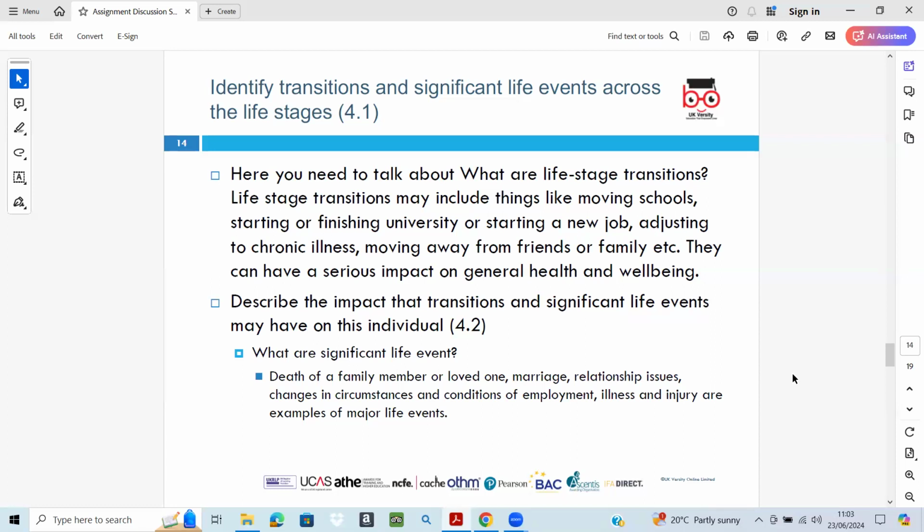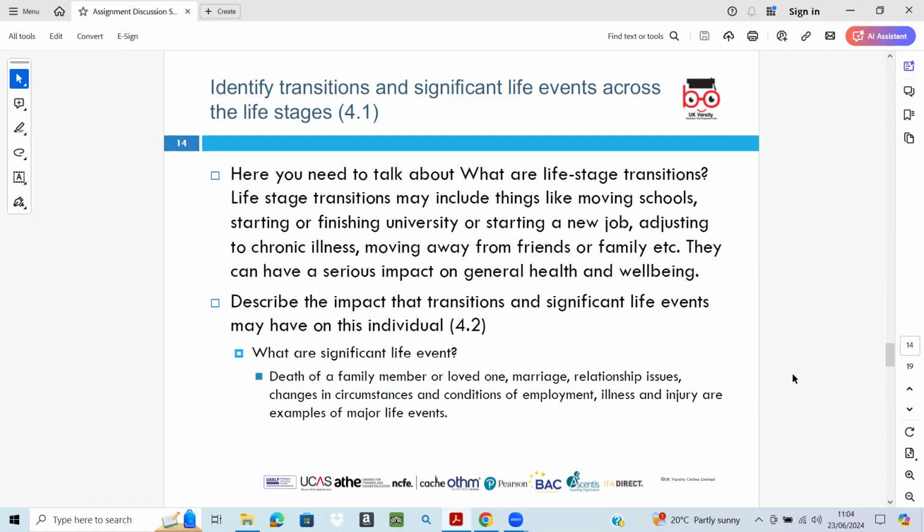Life stage transitions are significant changes or shifts that individuals experience as they progress through different phases of life. So, for example, life stage transitions include moving schools or education institutions, starting or completing university education, and there could be commencing a new job or transitioning between career stages.